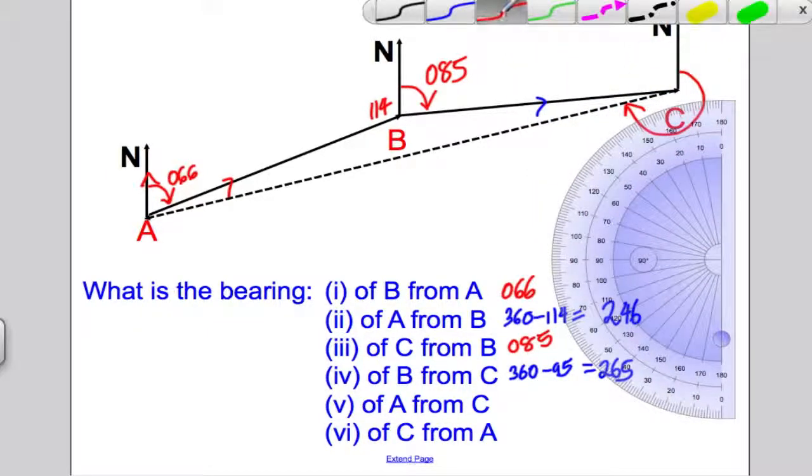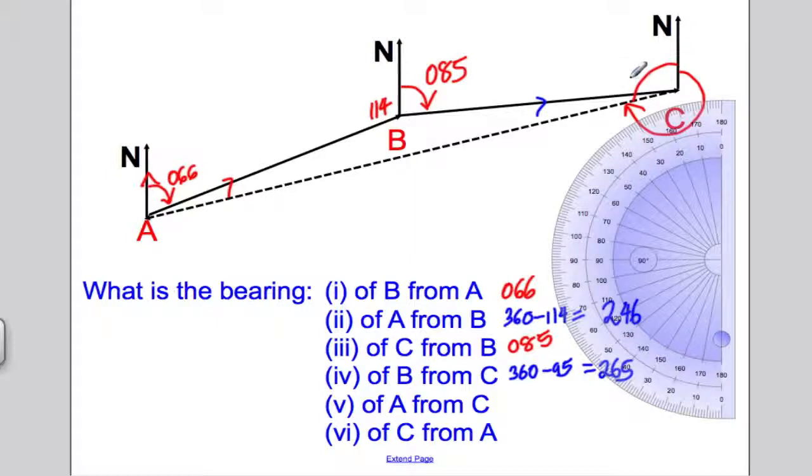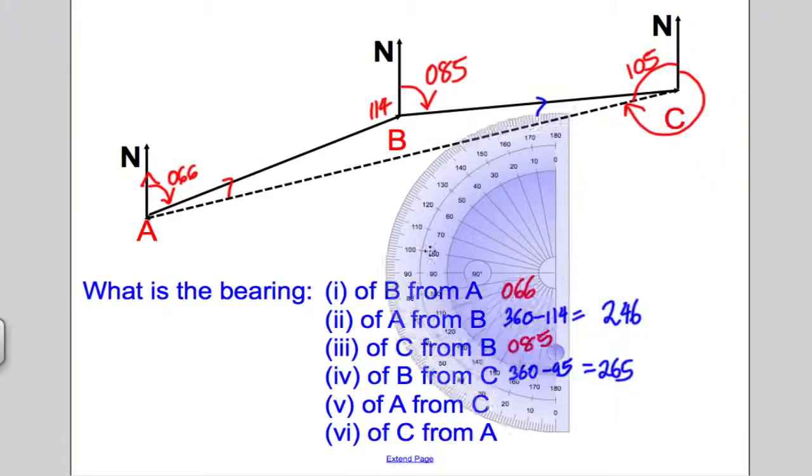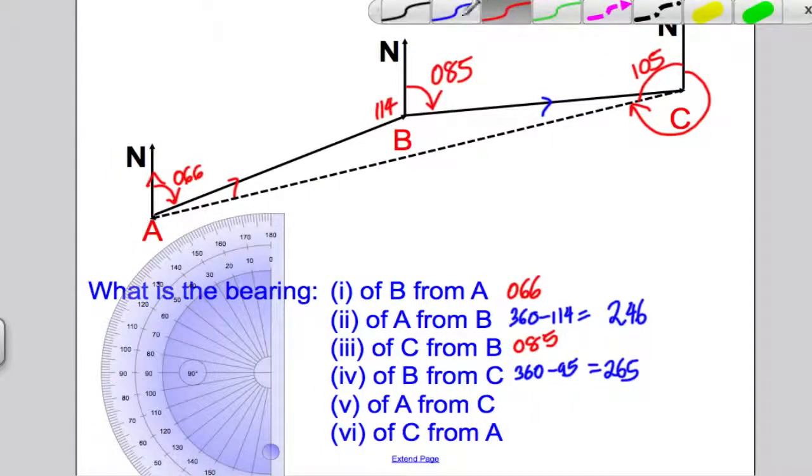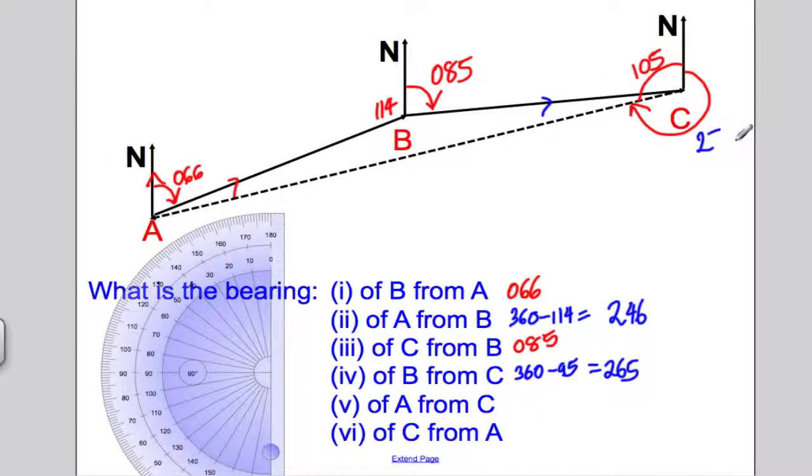So this whole angle here is 105. Then this bearing here we got easily is 360 take away 105. Okay, it's 255. So the outside angle here must be 255. So this is 255.